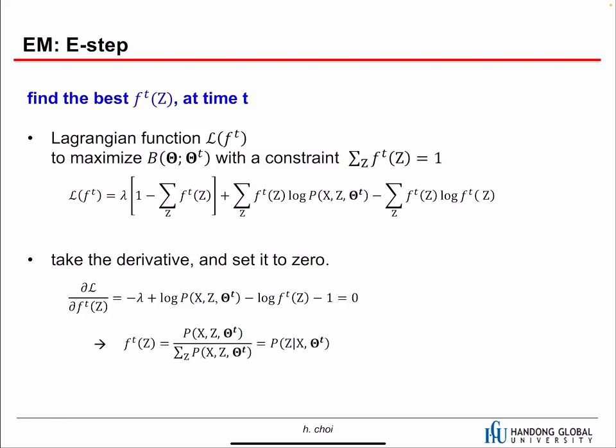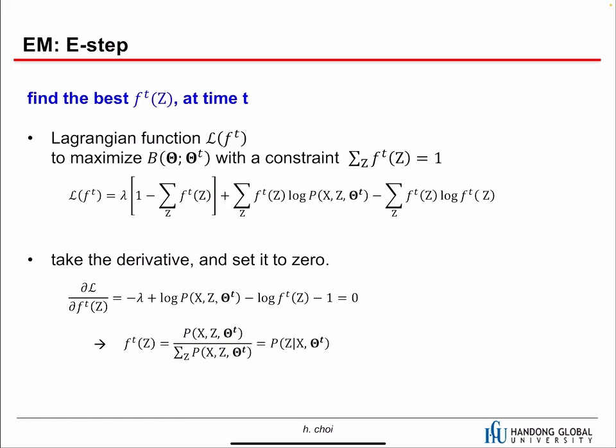The first one is the E step. In the E step, we find the best f. In the previous slide, we said f of z is a probability distribution and we don't know what it is, but now we're going to find the best f of z at time t.